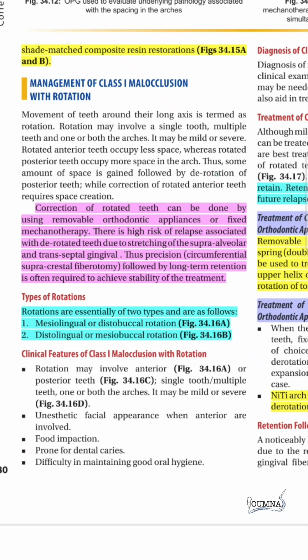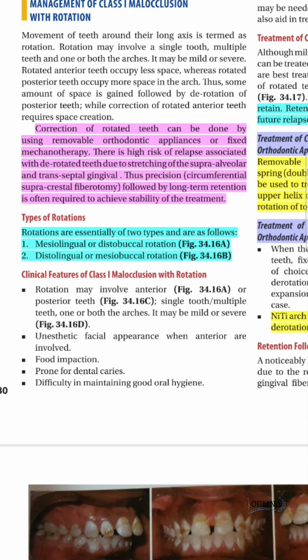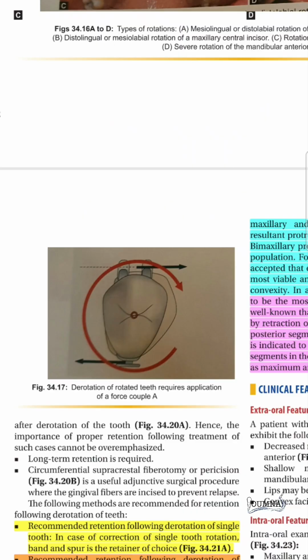Now for the management of Class 1 malocclusion with rotation, it is important to understand that the correction of rotation is considered easy, but the retention to avoid relapse is harder. So the retention is so important when we derotate a tooth.